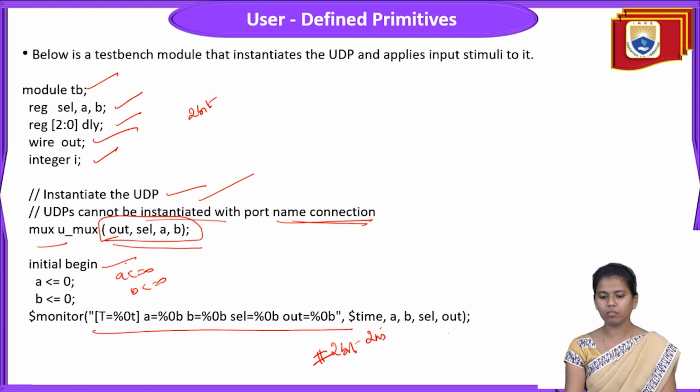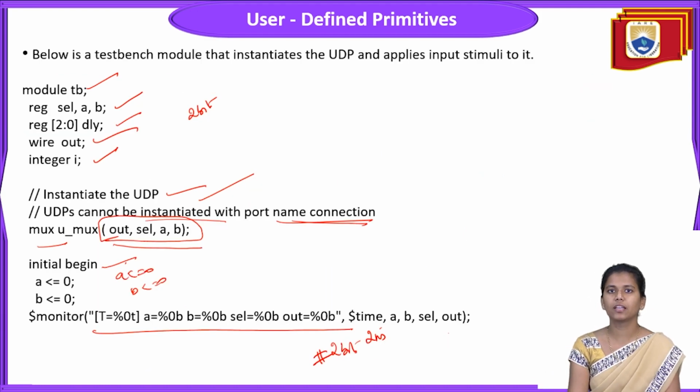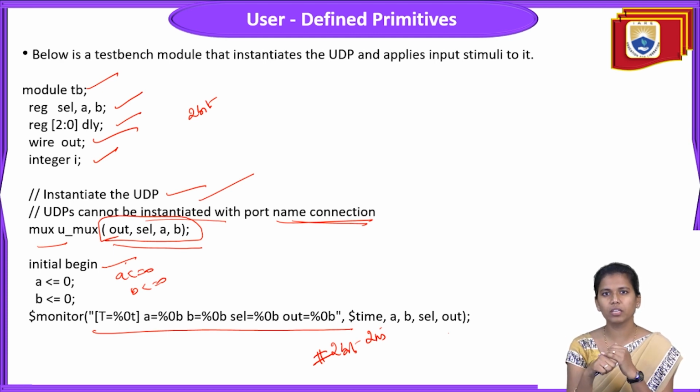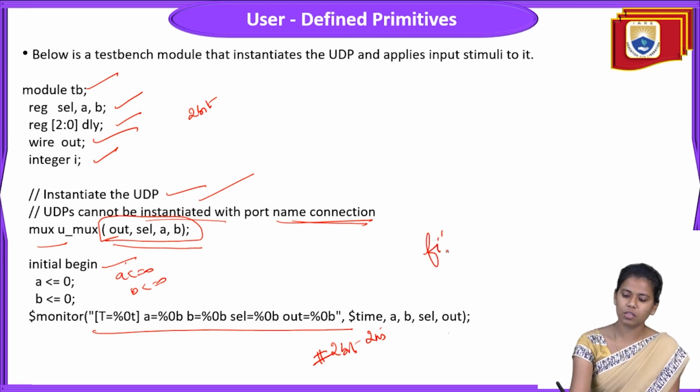So this is all about today's presentation. We have discussed what user-defined primitives are, what the basic primitives are, and how these primitives help in writing syntax for the combinational circuits that you are considering, as well as for sequential circuits, that is flip-flops and latches.